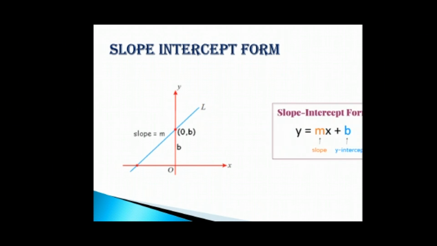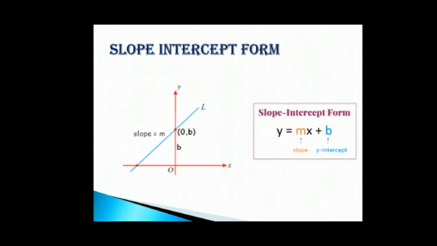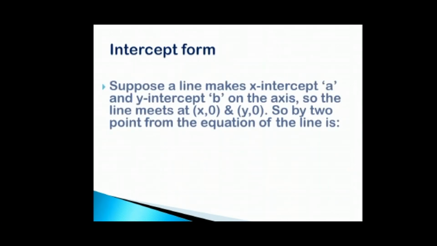Now the next form is slope-intercept form. In this case, I know slope of the line and I know one intercept on any of the axes. So here slope-intercept form is given as y is equal to mx plus b, where m is the slope and b is the y-intercept. Now next form is intercept form. So here we know only the intercepts on the respective x-axis and y-axis.